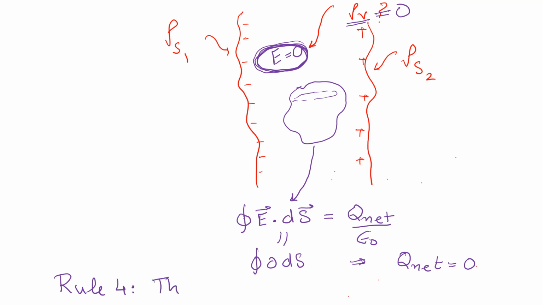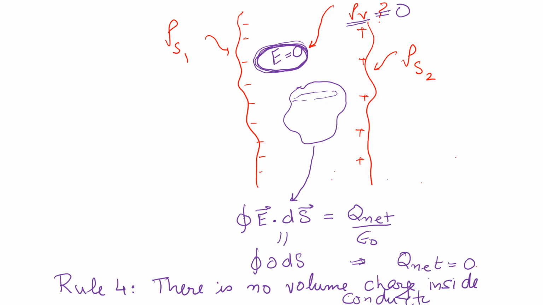There is no volume charge inside a conductor. Now hopefully you see some important applications of Gauss law. We would not have been able to come to this conclusion without Gauss law.